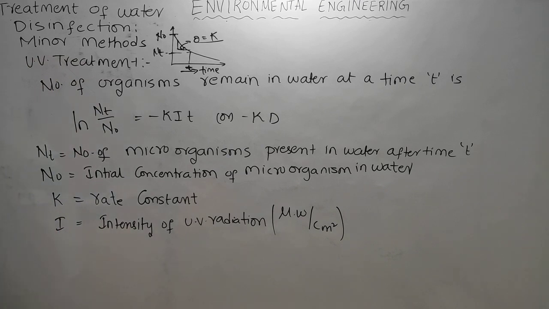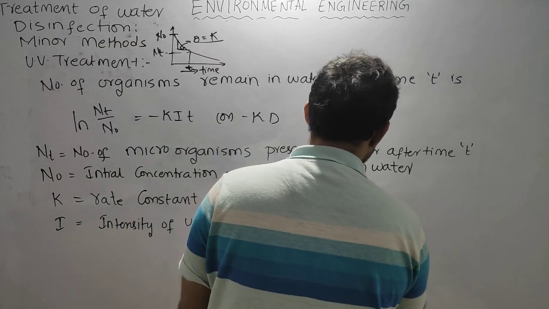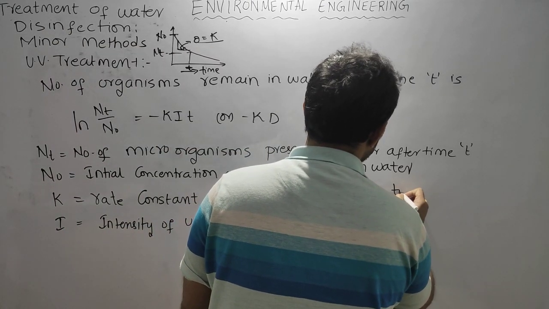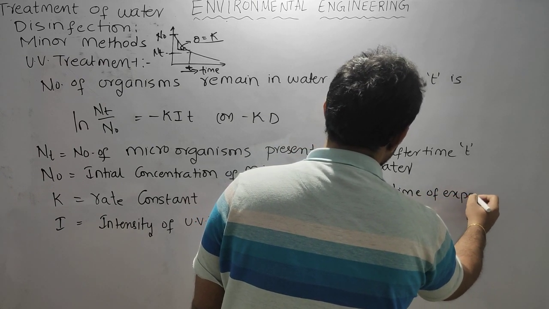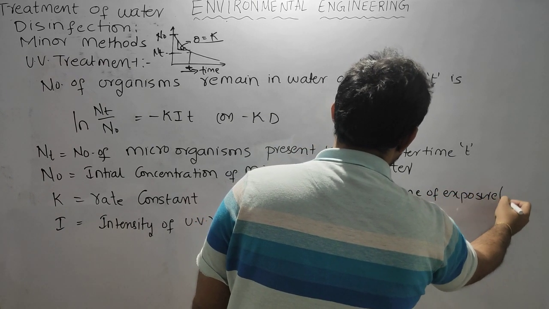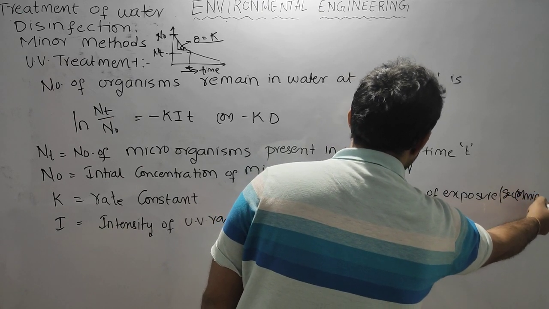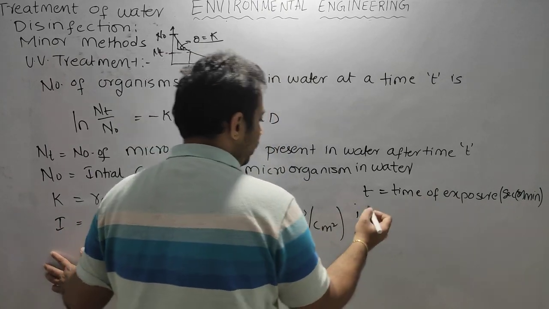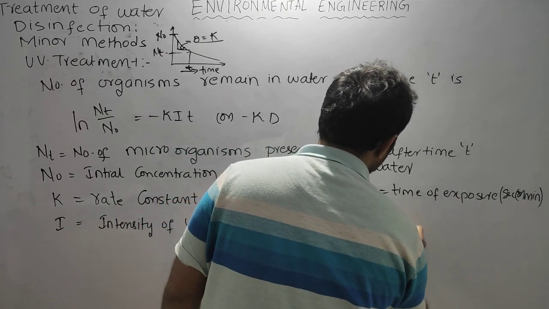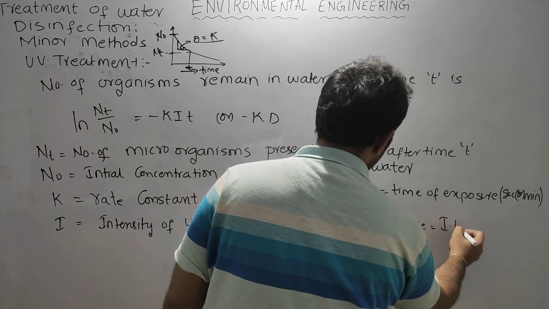And t is the time of exposure, either in seconds or in minutes. So D, the dose, is equal to the product of I and t.